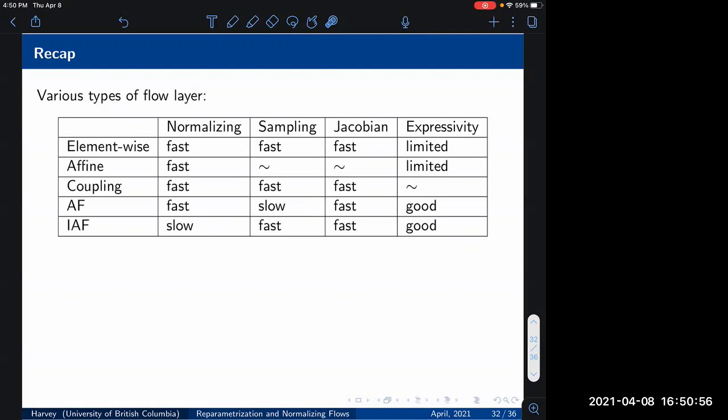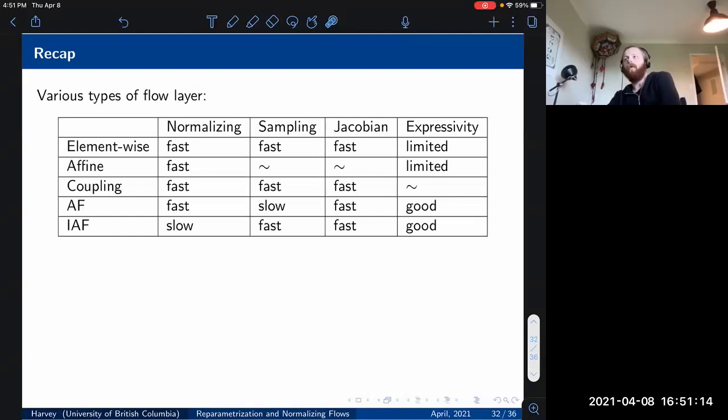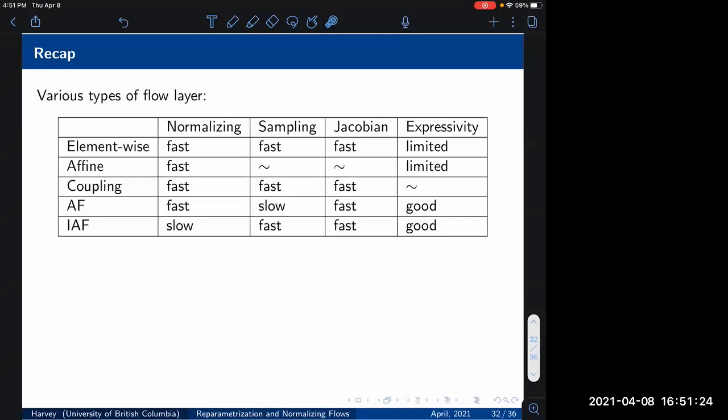It's not something that I'm aware of people doing in practice, so I suspect it's less expressive than the other things you can do with the same amount of computation. But I can't see any fundamental limitations to doing something like that. Maybe if you do something like that, you may as well just do the autoregressive flows, or something more powerful from the get-go. Yeah, I would imagine that's true.